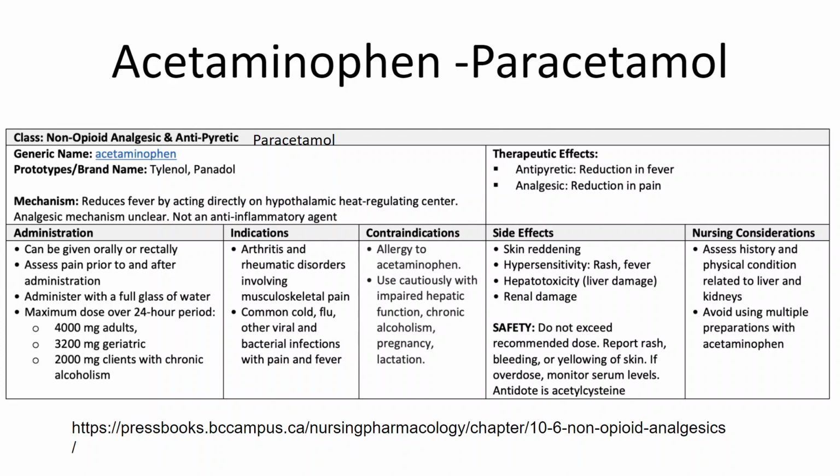The indications, of course, are any febrile condition to reduce the temperature, or it can also be used for moderately intense pain. The maximum dose is about 4 grams in adults, whereas the usual dose is 250 to 500 milligrams, and in patients with alcohol use, it should not be given in high doses. The dose should be reduced.